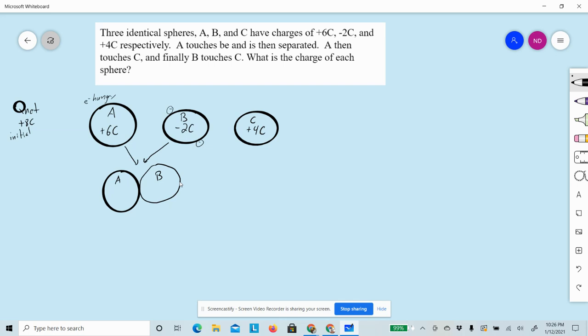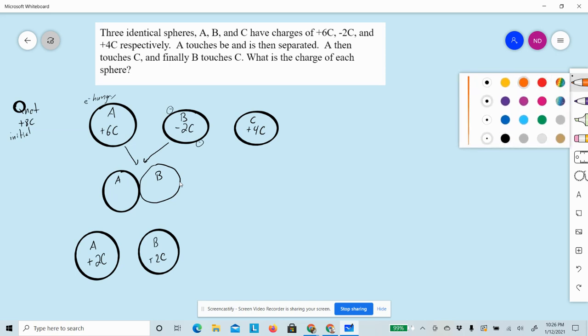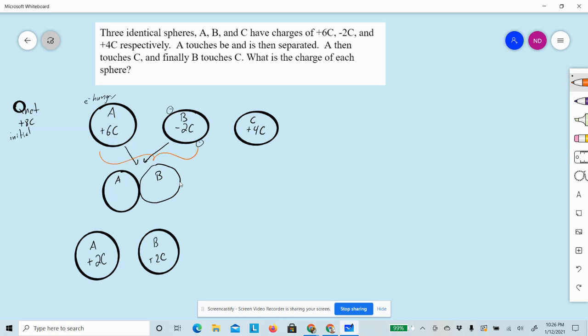What ends up happening is A will end up having a charge of positive 2 coulombs, and B is going to end up with a charge of plus 2 coulombs, because between just these two, Q total is plus 4.